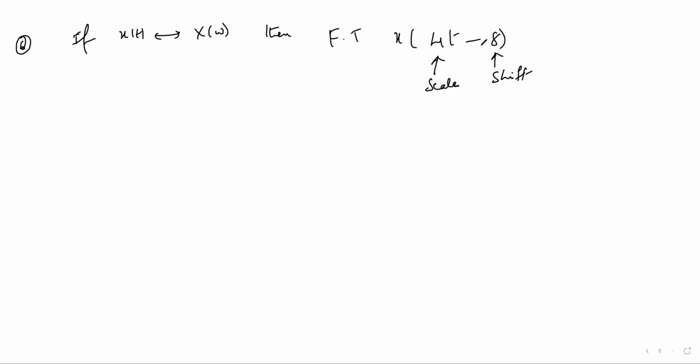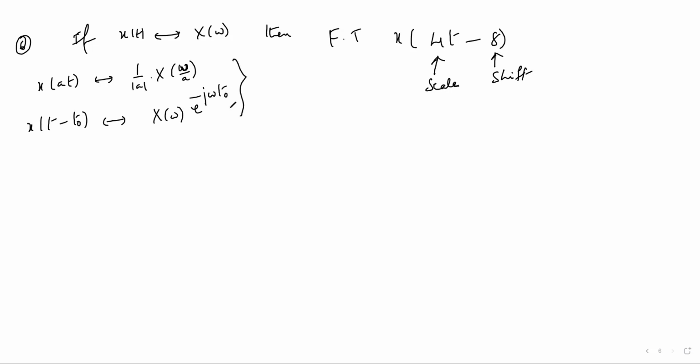Try to apply the statements. x of at has Fourier transform 1 by mod a times x of omega by a, whereas x of t minus t naught has Fourier transform x of omega multiplied by e to the power of minus j omega t naught. I have given both statements, scaling and shifting. Try to apply these statements on the given expression. What do you get? Check it.